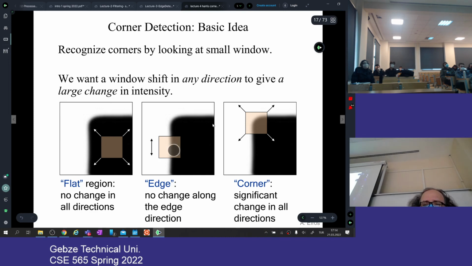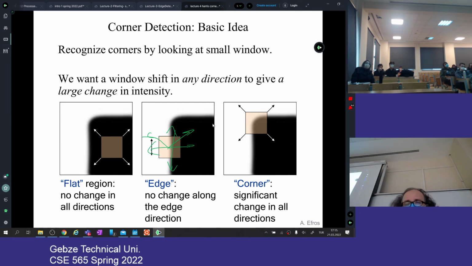When I am on an edge, if I move up and down, again, I don't see any changes. Everything is the same. Other than this direction, if I move like this or that, I see some changes. I see that things are changing. So I call these kind of areas edge regions.